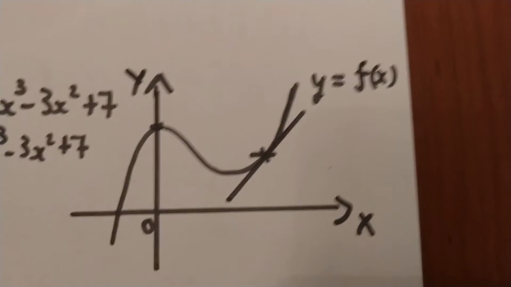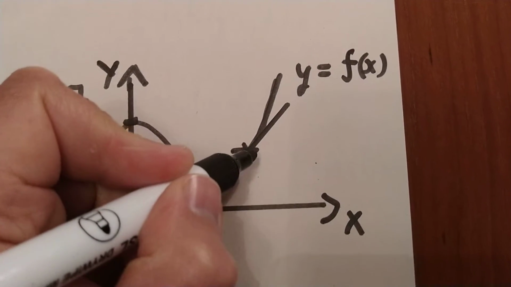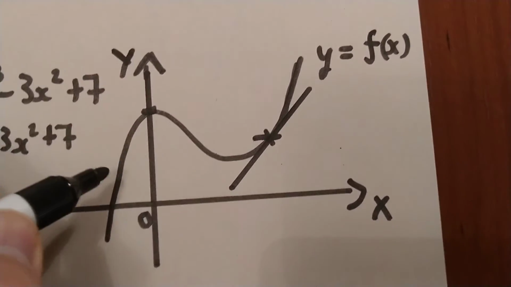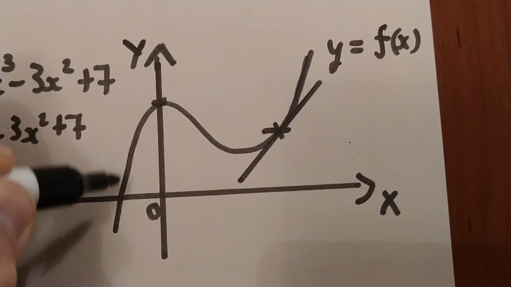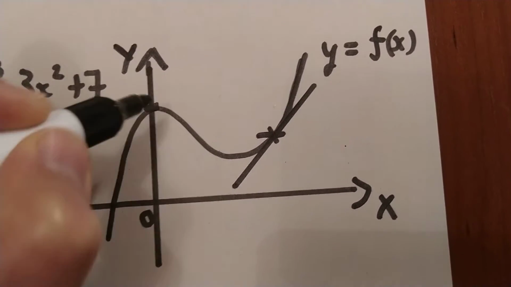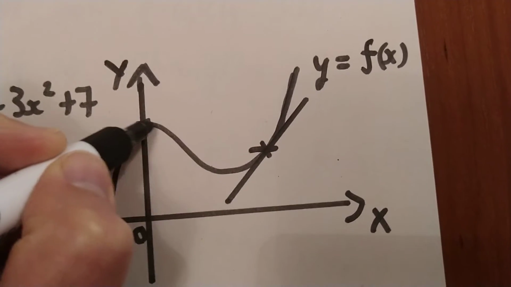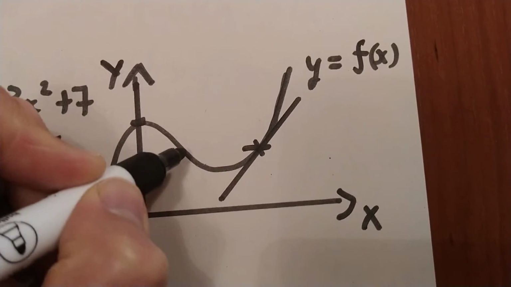But what if this time I say, what's the gradient at this point here? And what about the gradient here, or here, or here? Here the gradient is quite steep, it's positive. Looks like here it's turning, that's momentarily horizontal, the gradient is 0. Now the line's going down, the gradient is negative.